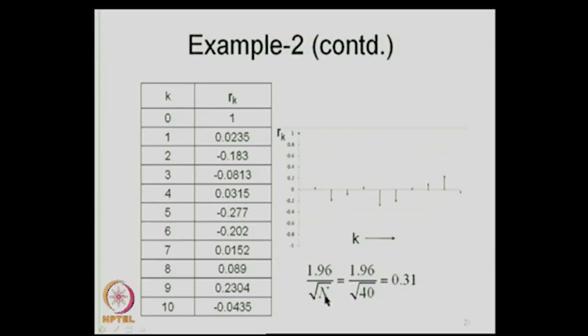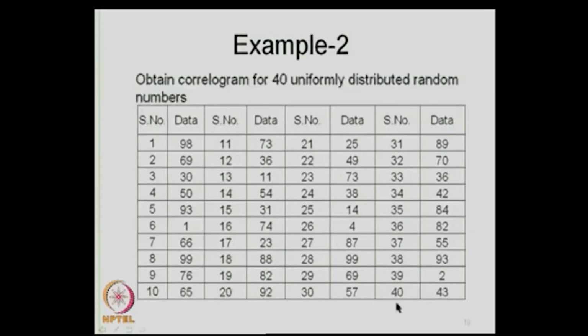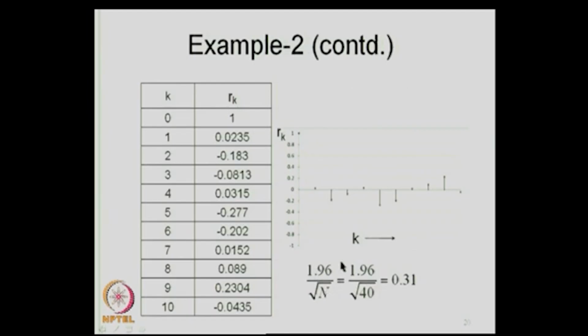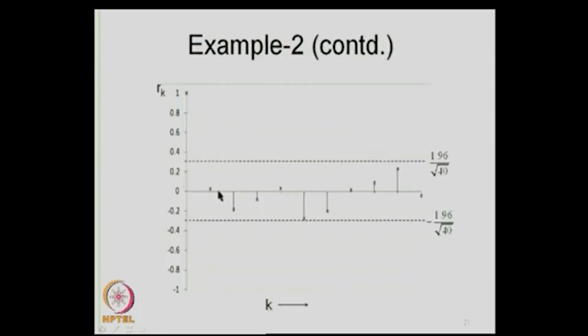Now, your n is 40, because you had 40 data. So, 1.96 by root 40 is 0.31. So, you draw a line at minus 0.31 and plus 0.31 and ensure that all the values that you have got for r k are in fact lying within this band.